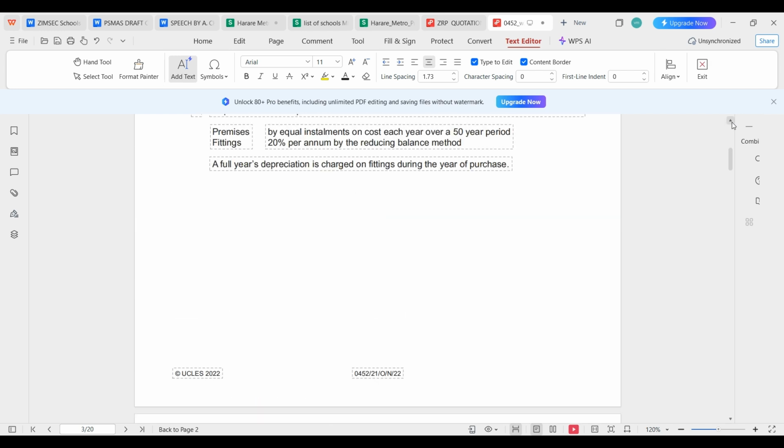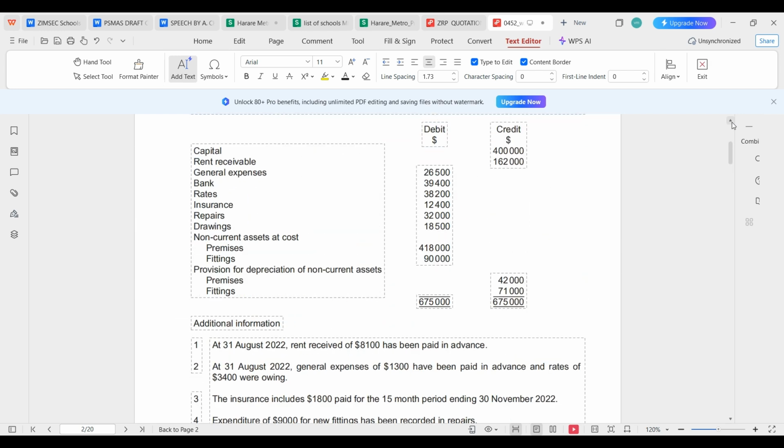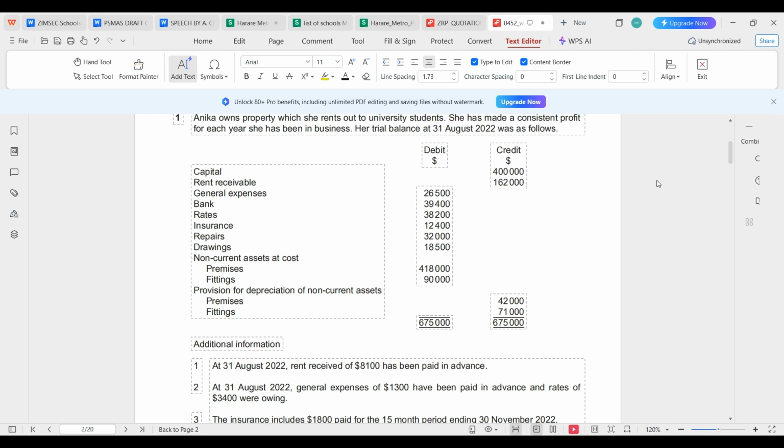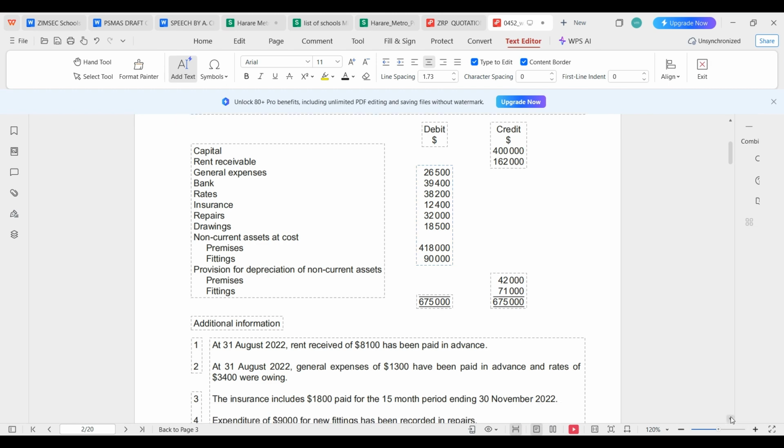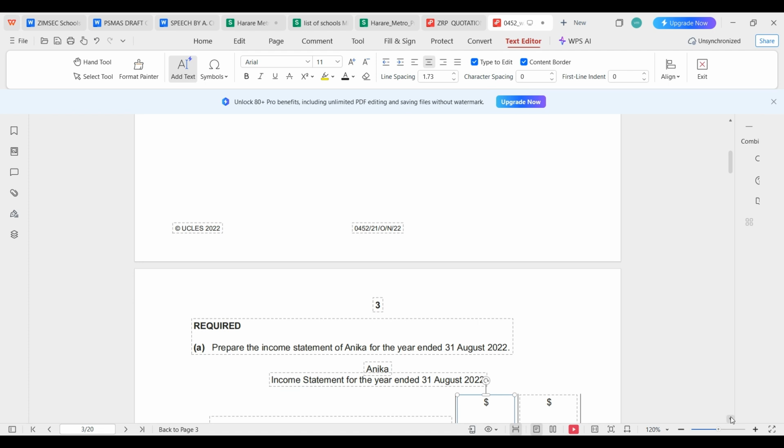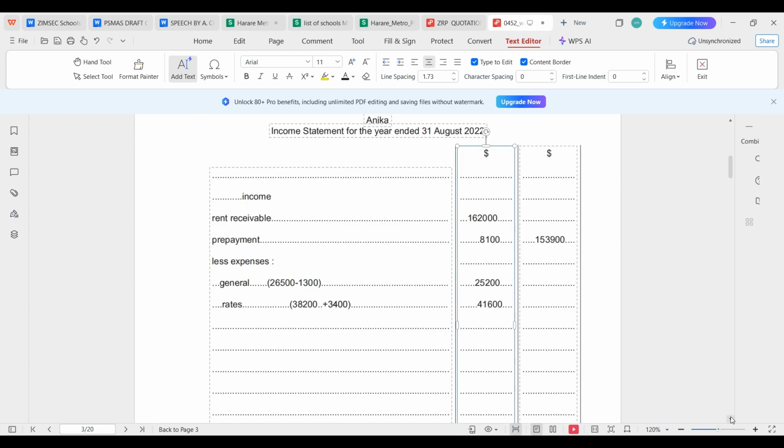If you come down here, we're going to see that another expense that we have besides the rates is insurance. And insurance is 12,400. So we go back again and write insurance 12,400. That's our insurance here.